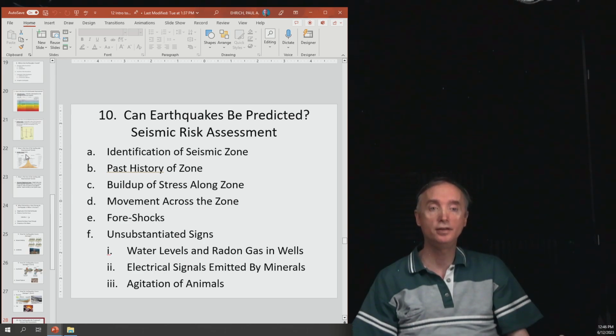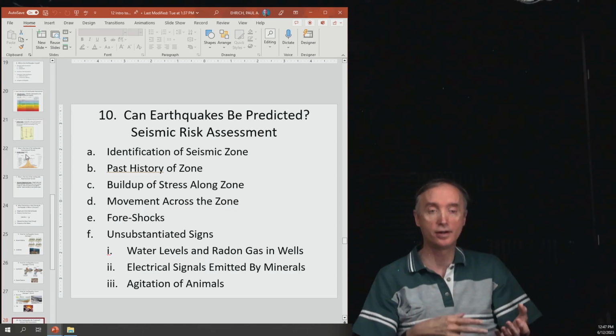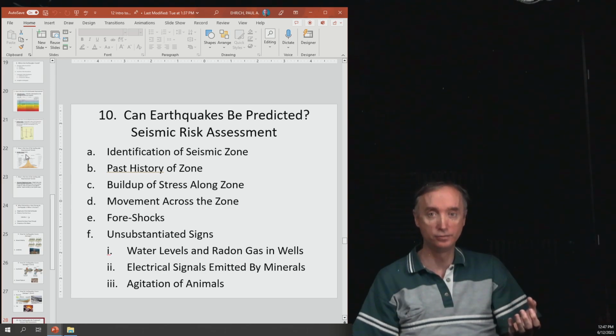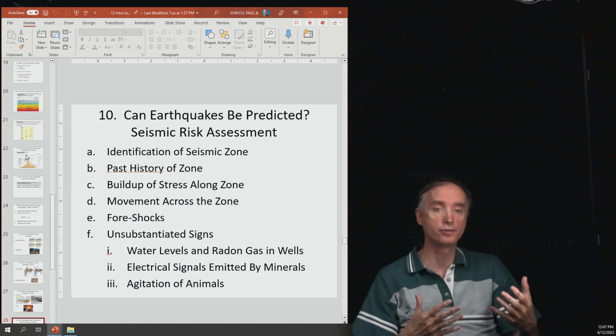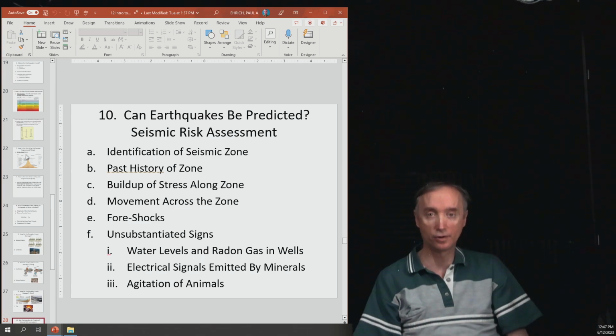But if you see evidence that an earthquake occurred 100 years ago, and then an earthquake occurred 200 years ago, and then an earthquake occurred 300 years ago, then you can predict that every 100 years there's going to be an earthquake. If you notice that stress is building up along an earthquake zone, then given enough time, it's going to rupture.